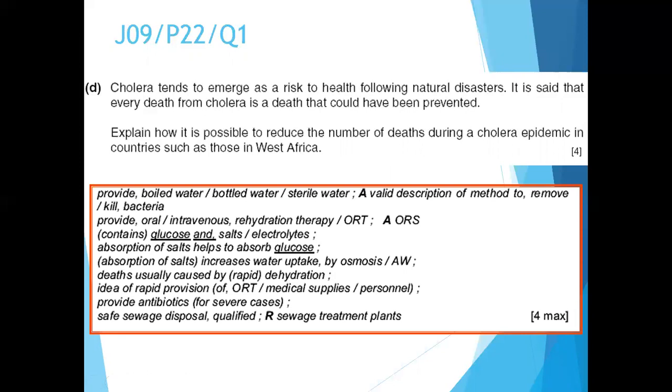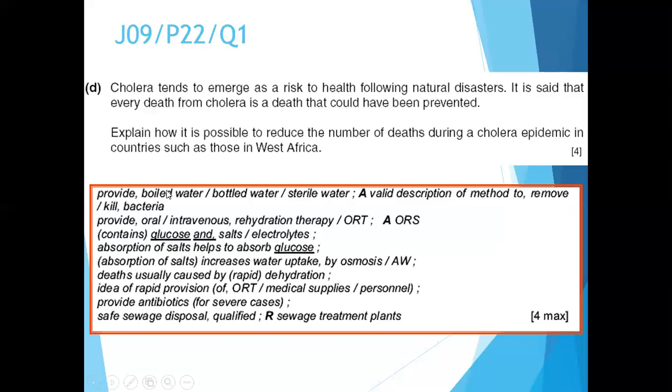In this question, your answer cannot be to provide a sewage treatment plant or treated water from pipes. Cannot, because this is a natural disaster. So in this kind of condition, you have to use methods that are applicable during these conditions. This is where you need to focus when you answer the question.